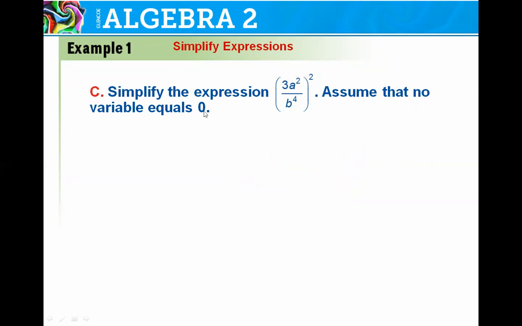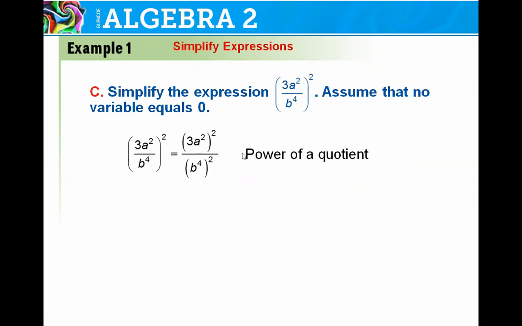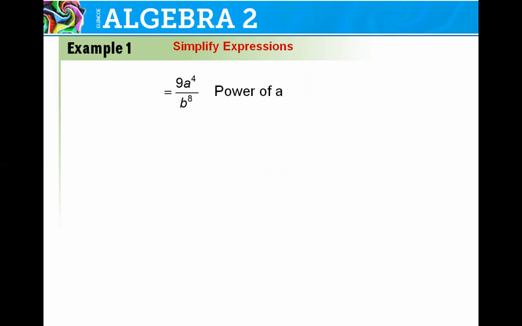I'm going to express it again. The first step, we will distribute the power up and down. We distributed it in 2 steps, but we can distribute it as 1 step. We solved it with Faisal, and the result will be 9 A with power 4 over B with power 8.